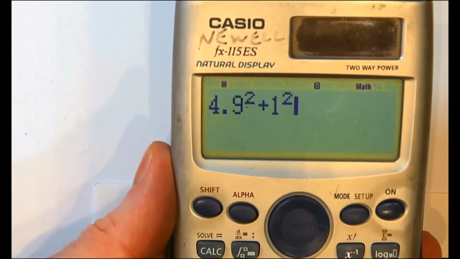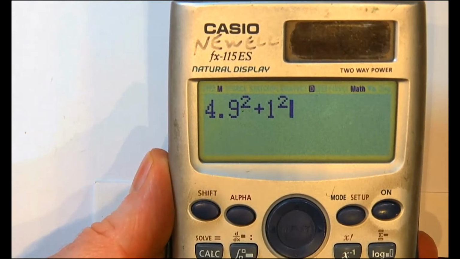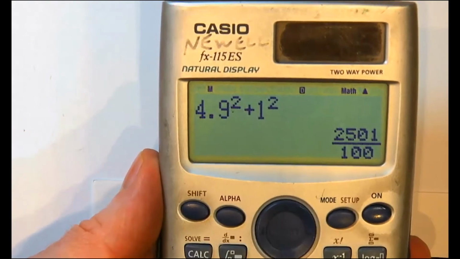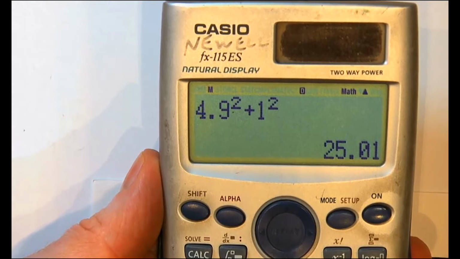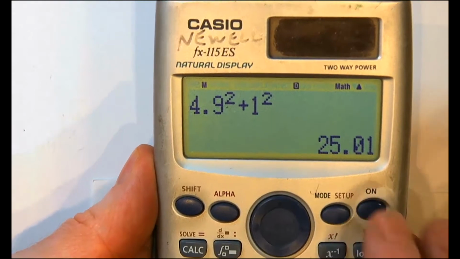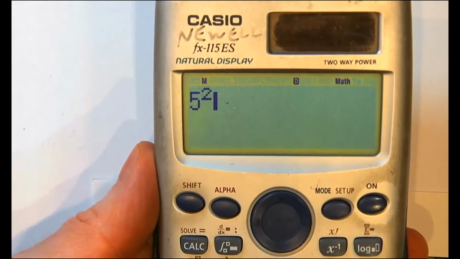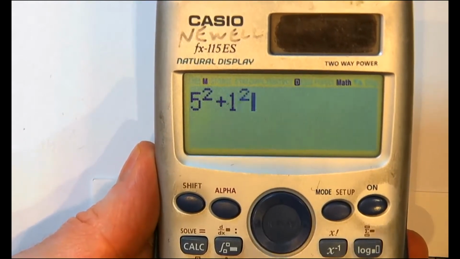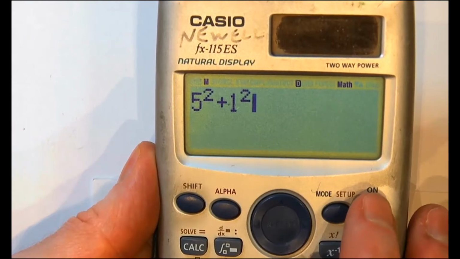Will this make 25? It's close, but not quite, is it? I think it should have been 5 squared plus 1 squared. No, that's too much, isn't it? It was close, but not quite right.